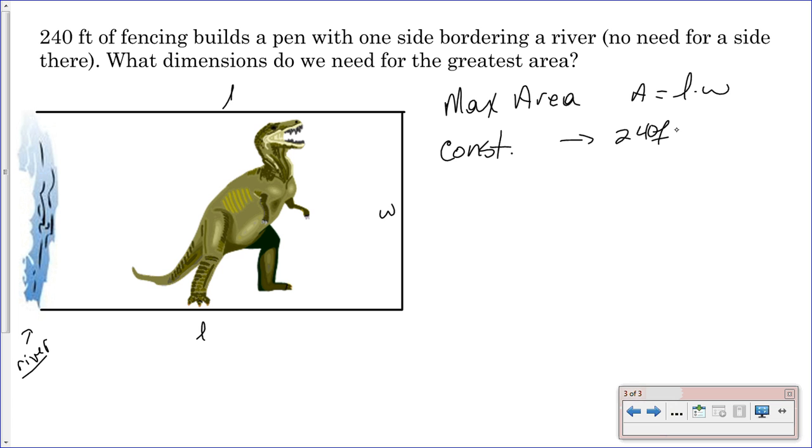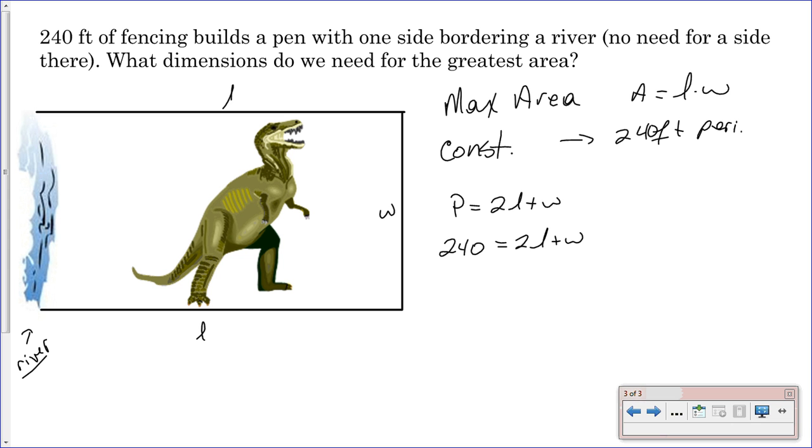And perimeter in this case is not going to be 2L plus 2W. Perimeter in this case is going to be 2L plus W. So that means 240 is going to equal 2L plus W.